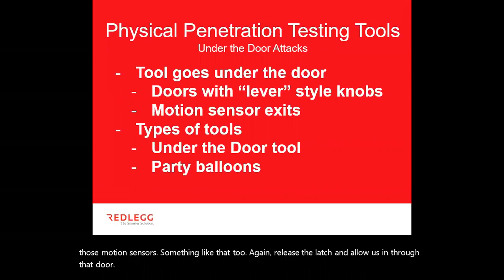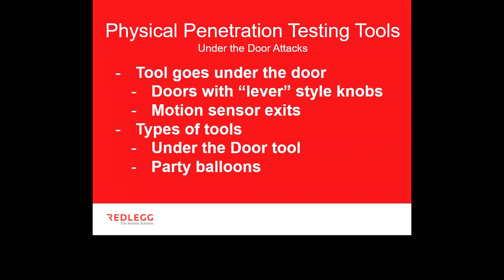Yeah, request to exit sensors are fantastic, whether they're temperature based or motion based. Although it can be interesting trying to figure out which one it is if you don't have any prior knowledge. Because if you try the balloon trick and it doesn't do anything, then you know that it's a motion sensor, but you better hope that you can go get your balloon back.